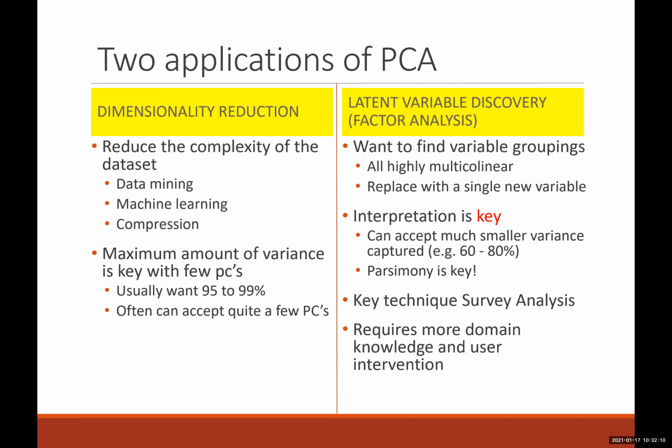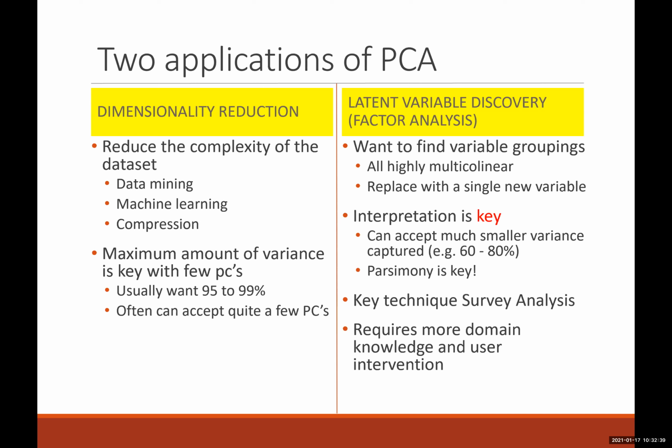This is mostly in the computer science realm, where you might be doing computer vision and you want to reduce your features to remove the noise, like the background noise of your image or audio or whatever it is that you're doing. It could even be gene sequences. And you just want to reduce the features, and you're not worried about interpreting them because you want to throw them into a machine learning algorithm or something like that.